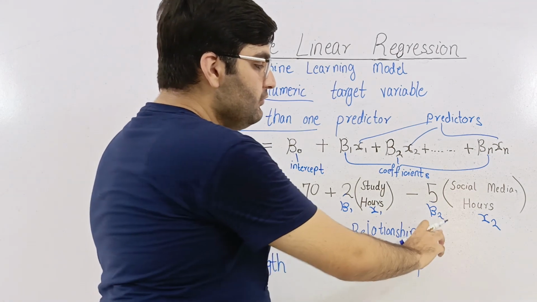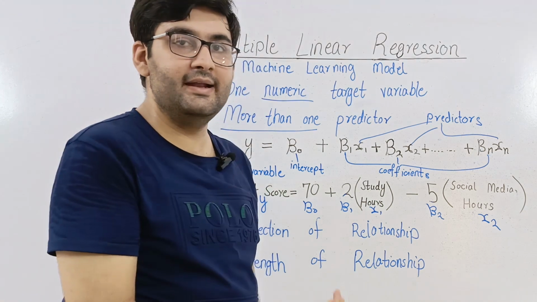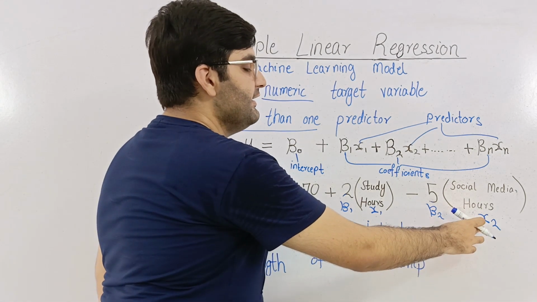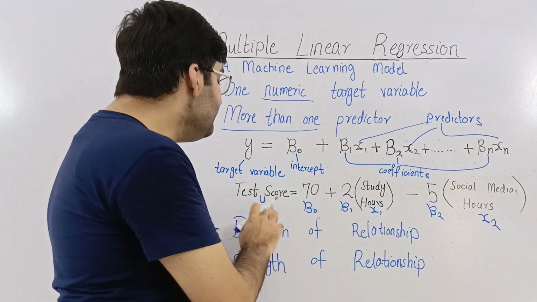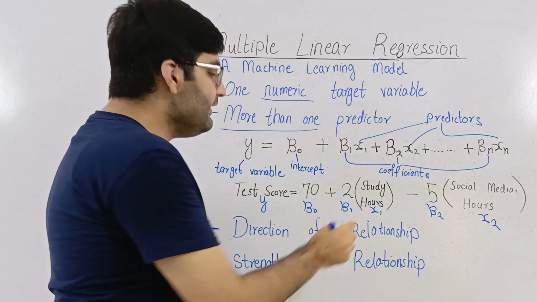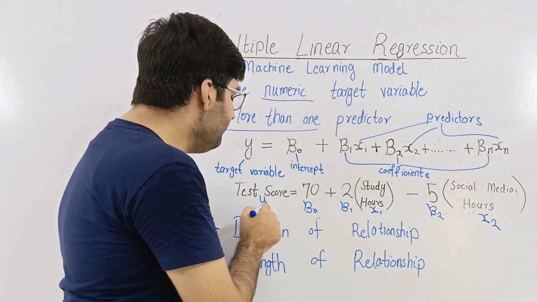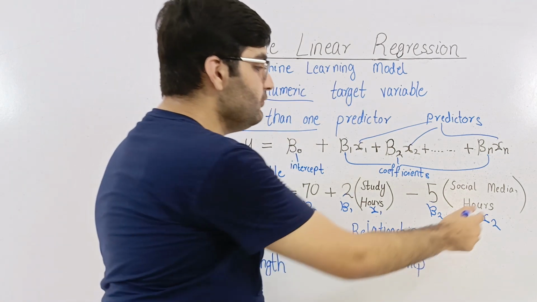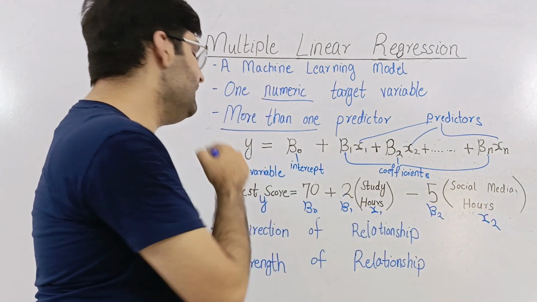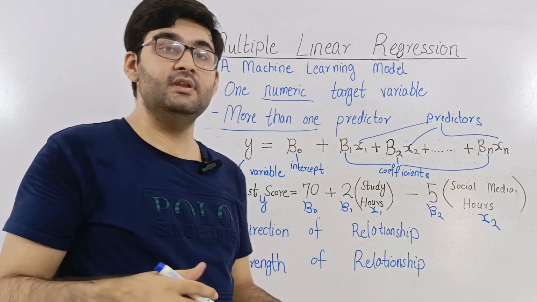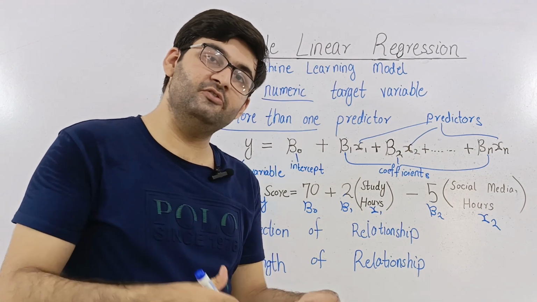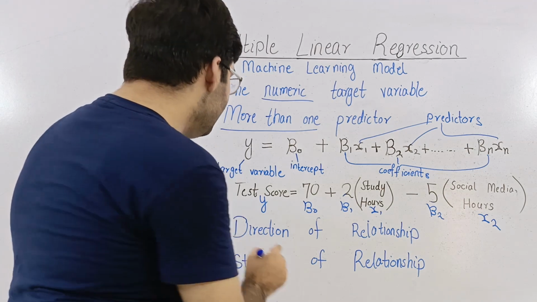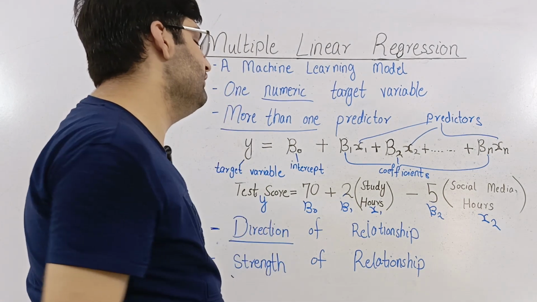Similarly, the value of beta 2 is negative. That means that increasing this predictor variable will decrease y. So x1 has a positive relationship with y, whereas x2 has a negative relationship with y. Whether the relationship is positive or negative is called the direction of the relationship.